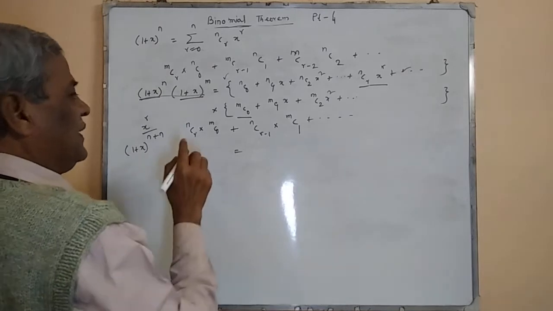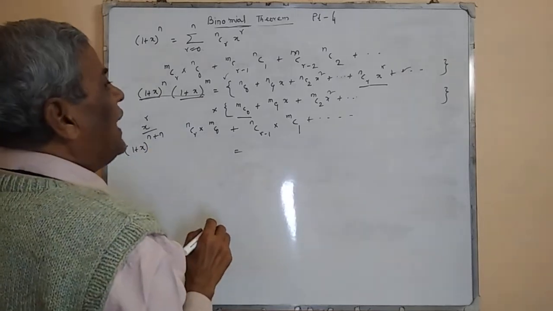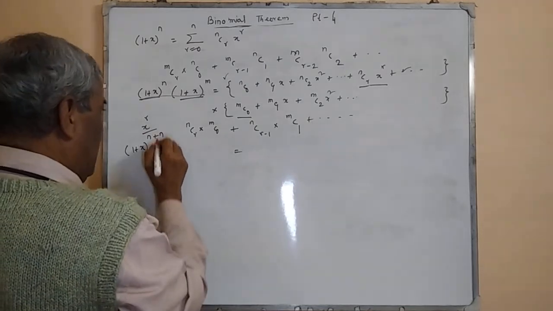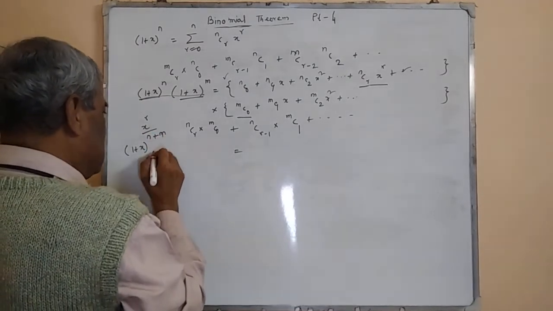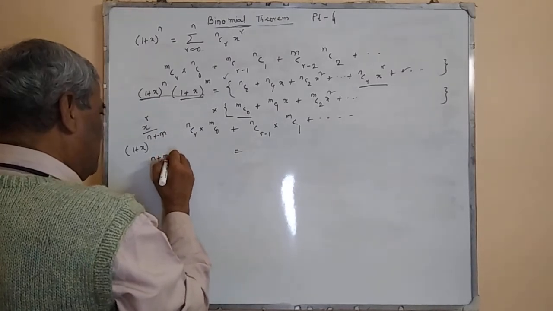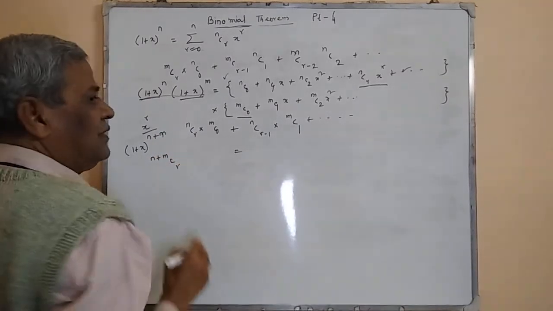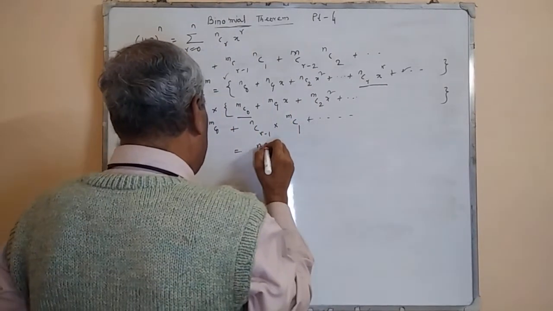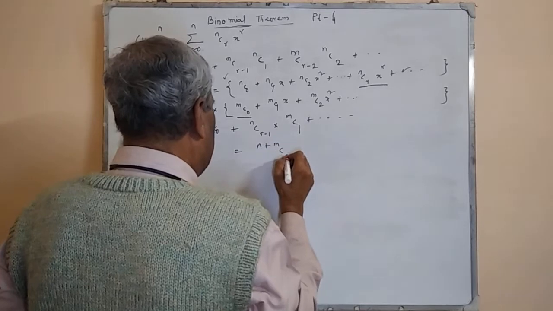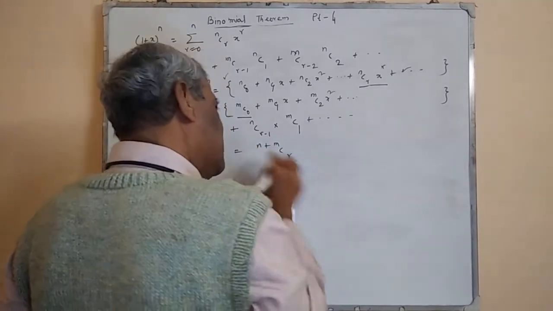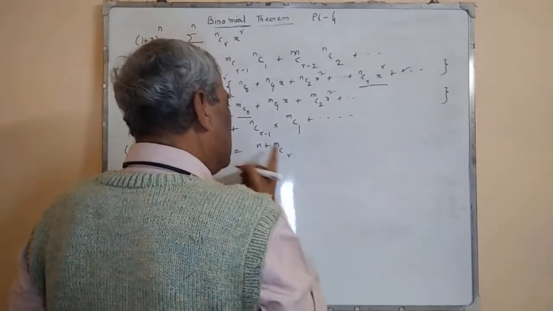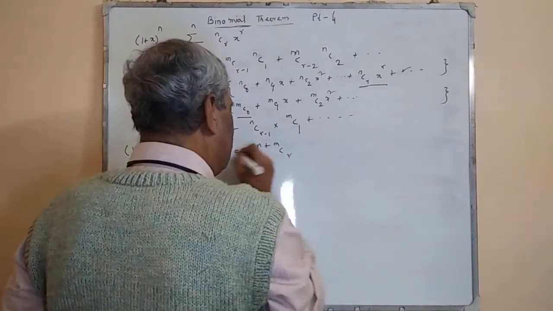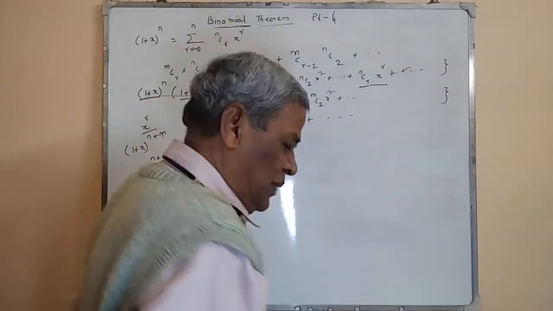So from this side also, we have to find the coefficient of x to the power r, which is n plus m Cr. So the value of this series is n plus m Cr. This is the answer, or you can simplify it. If nothing is said, this is our answer. Yes, thank you.